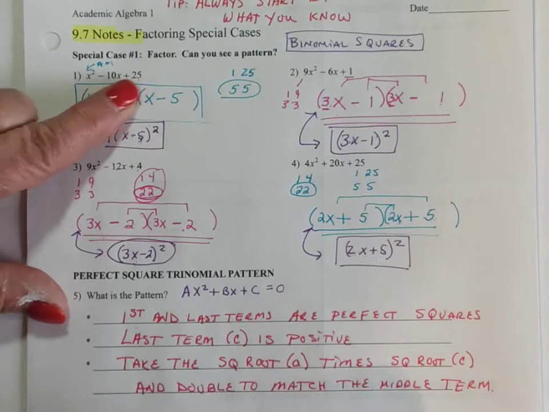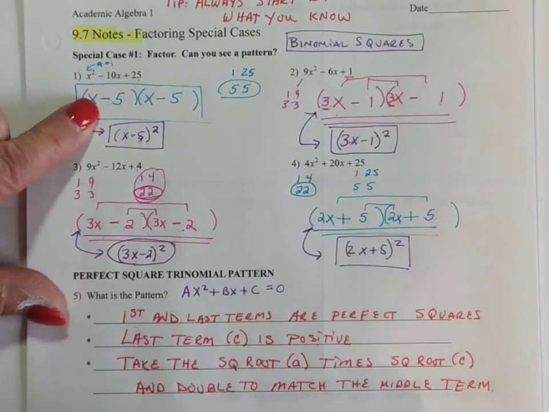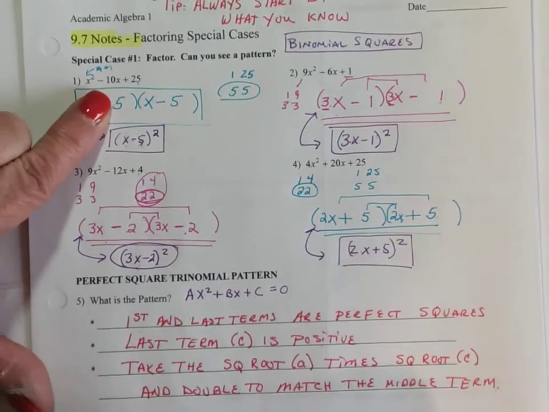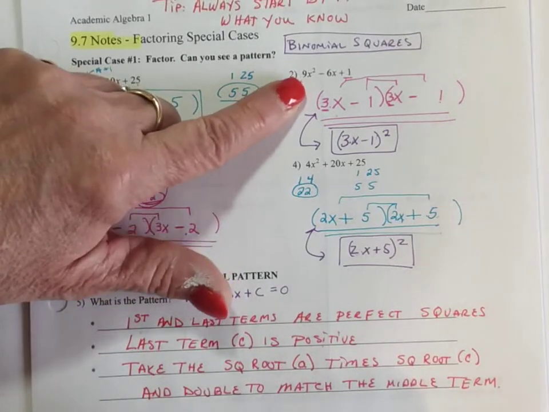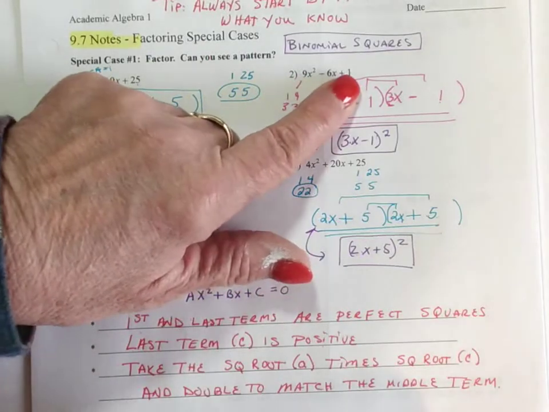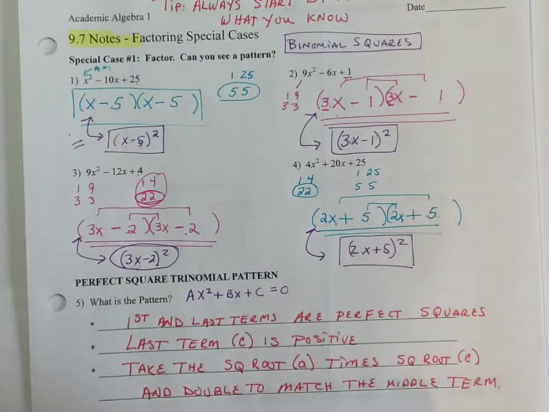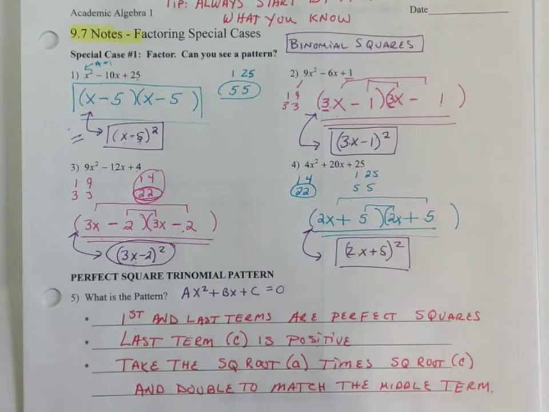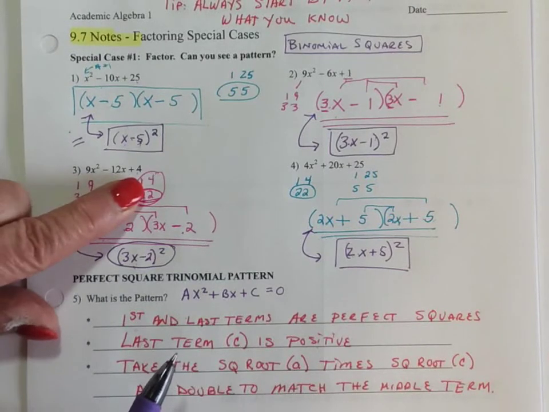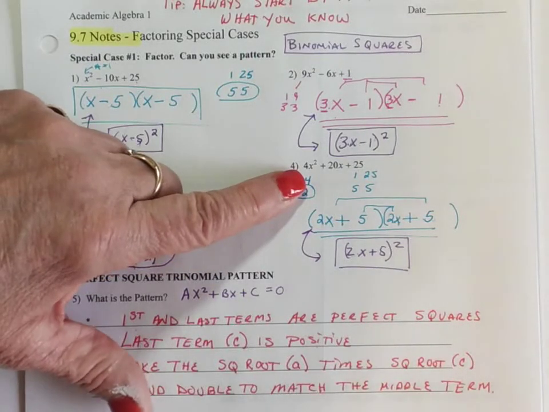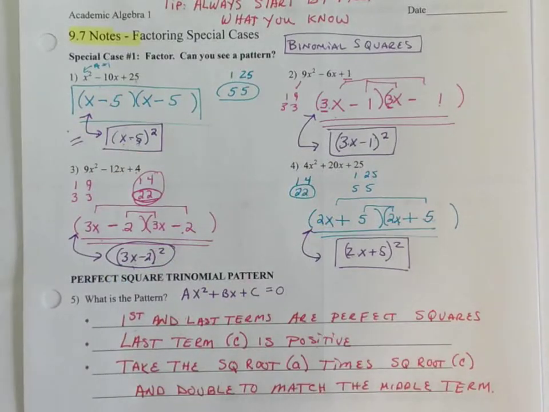You multiply those, you're going to get 5x, and double it, that's going to give you your middle term. All right? So here, 3x times 1 is 3x, doubled is 6. Here, 3x times 2 is 6x, doubled is 12. Here, the square root, 2x times 5 is 10x, doubled is 20.